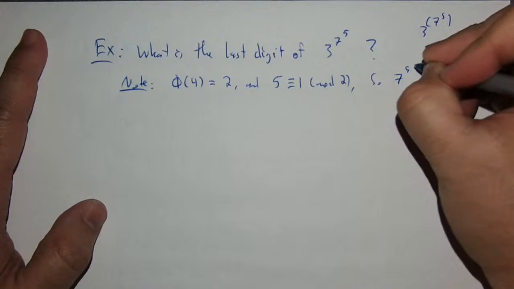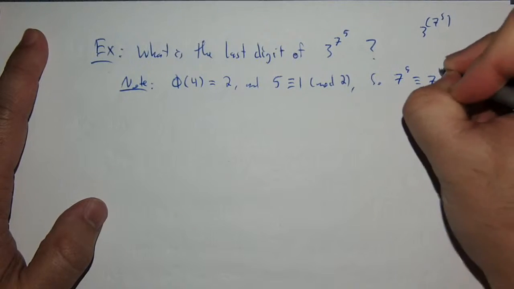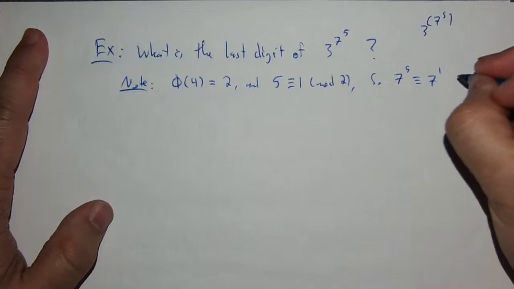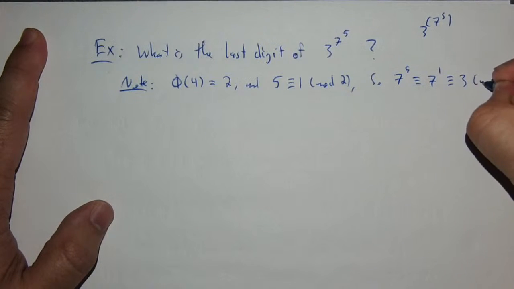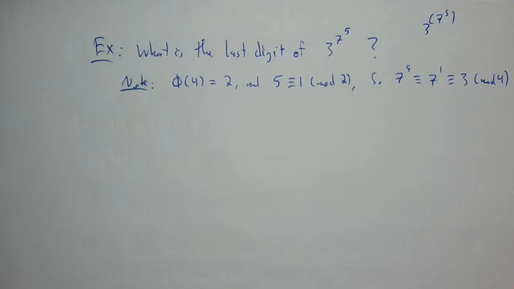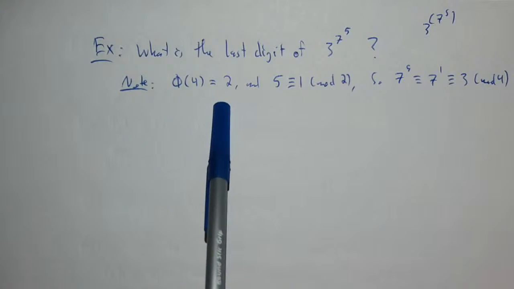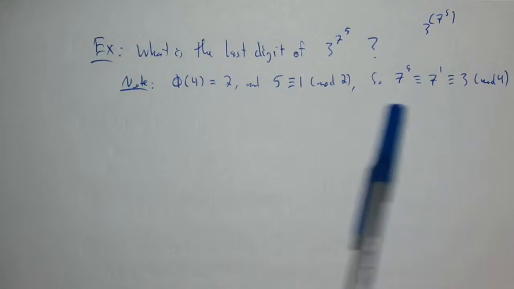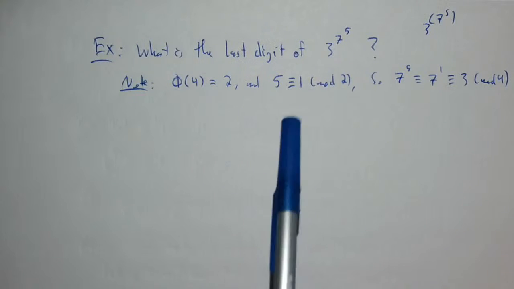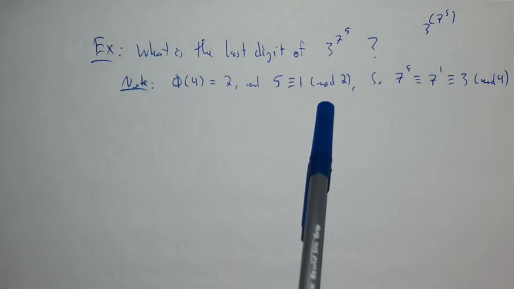So 7 to the 5th is congruent to 7 to the 1, which is congruent to 3 mod 4. Again, quickly keep track of what it is we're doing. Since phi of 4 is 2, the exponents in this eventual statement need to be congruent mod phi of 4, in this case congruent mod 2.